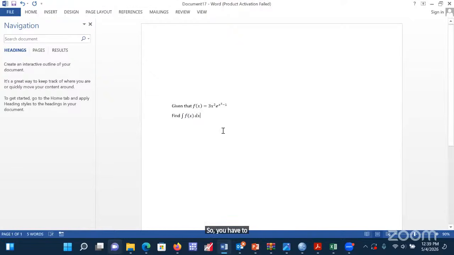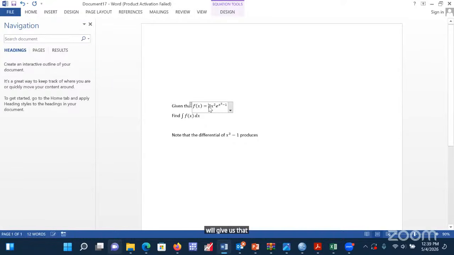So you have to integrate small f of x dx, and you notice that the differential of x cubed minus 1 will give us that.